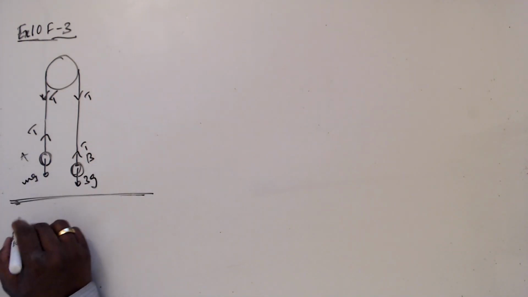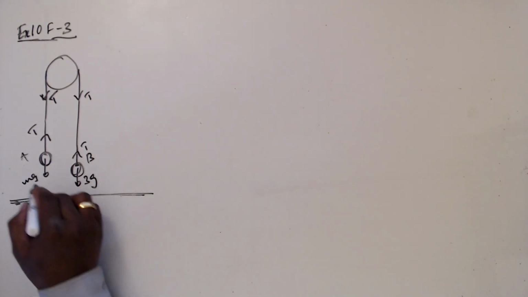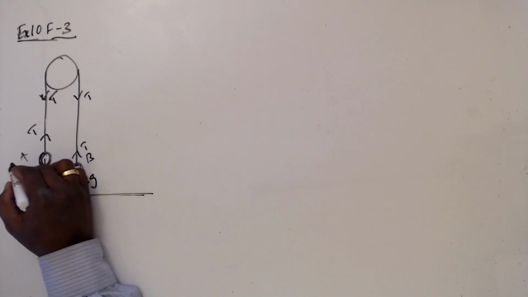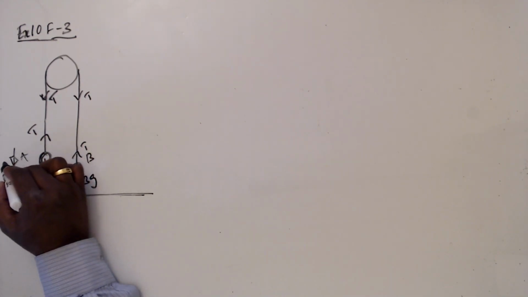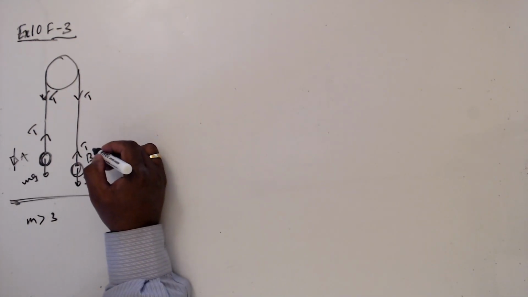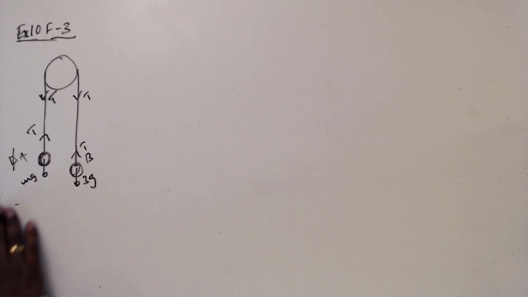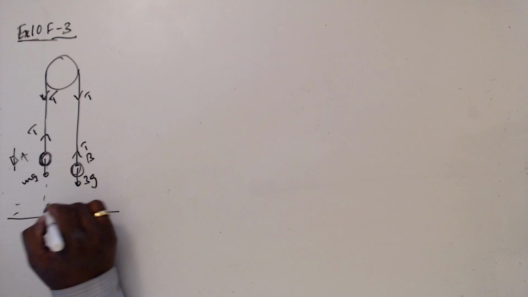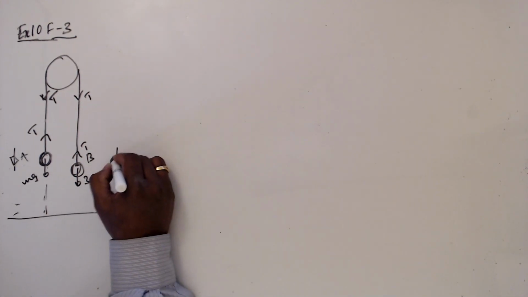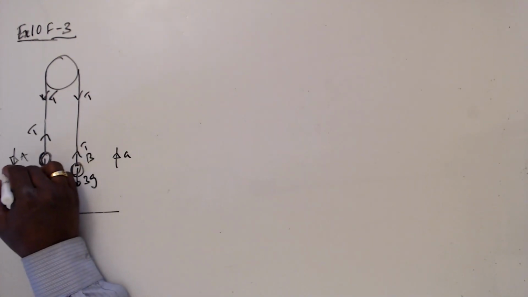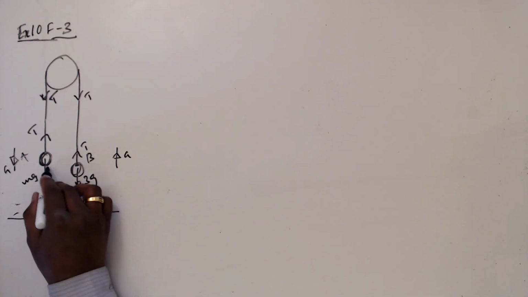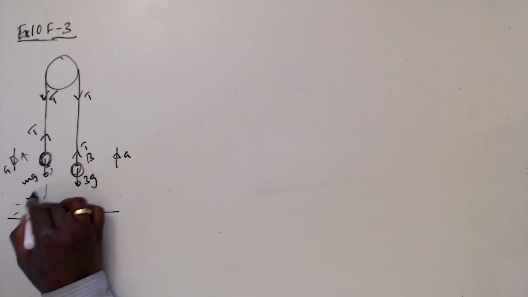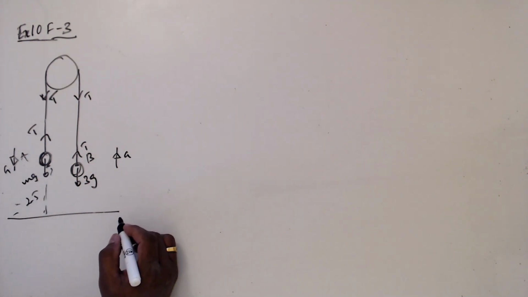It is given that m is greater than 3, so m is heavier, so it is coming like this. The acceleration should be here, so it is going upward a, downward a, and this height is given 2.5, and we need to find the acceleration.